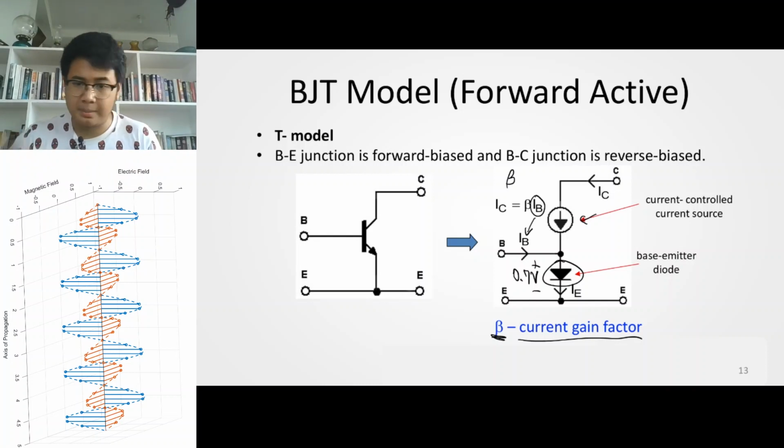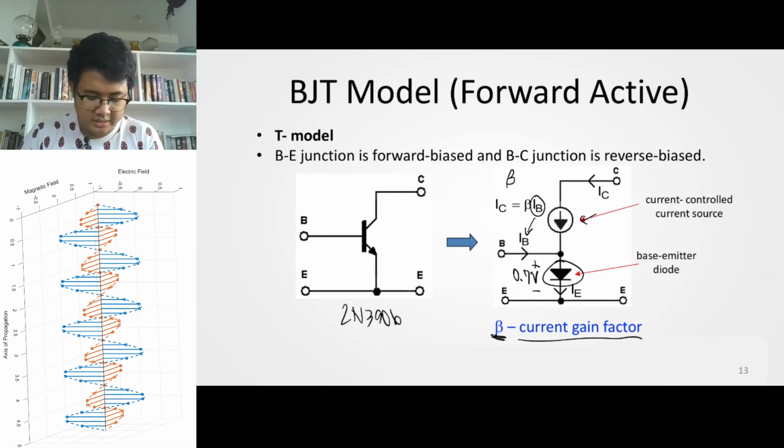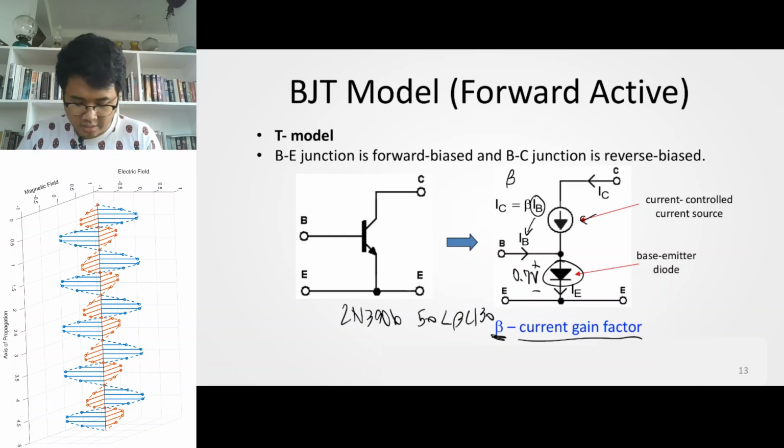If it's not given, it depends on the type of BJT you use. For 2N3906, if I remember correctly, beta is between 50 to 150. For a 2N4401, I believe beta is from 150 to 250.